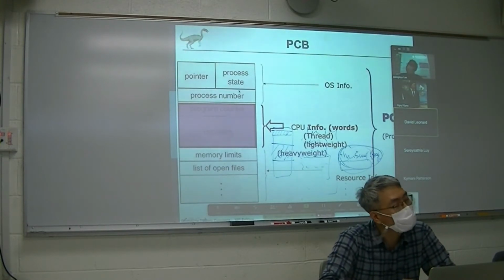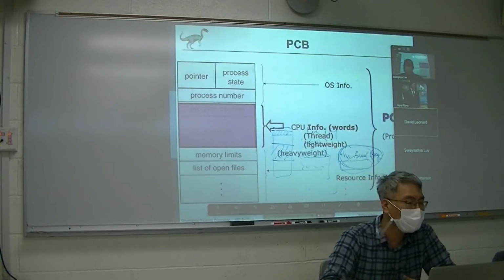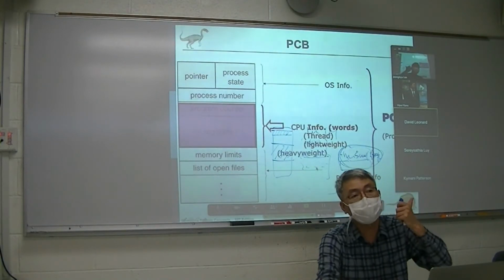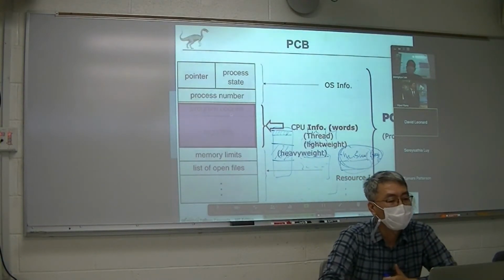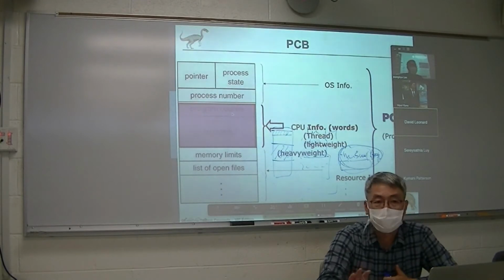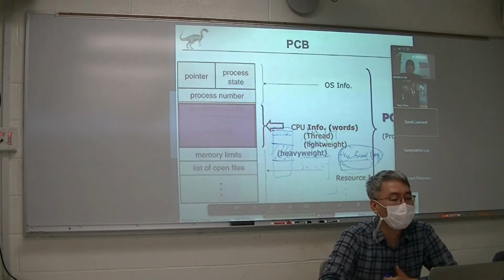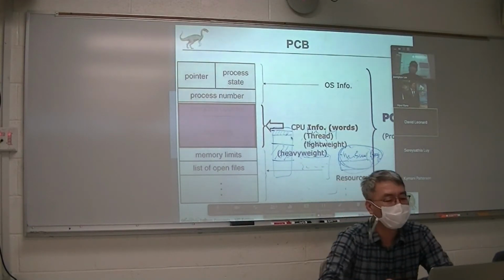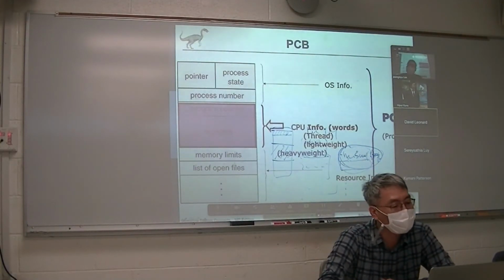Process state means new, ready, running, terminated, and so on. Process number is the process ID. Each process has a unique ID. The program counter is the address of the next instruction. And there is the register information, memory limit, the list of open files, and so on.